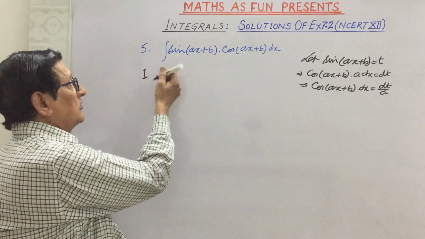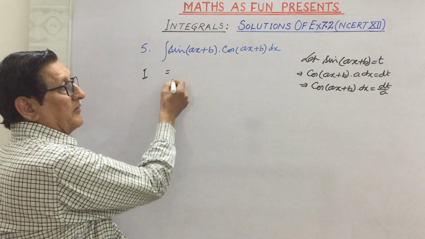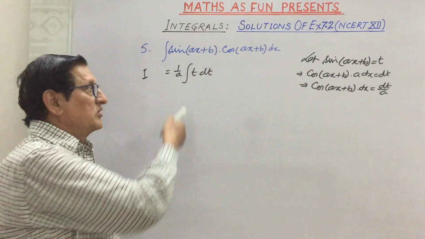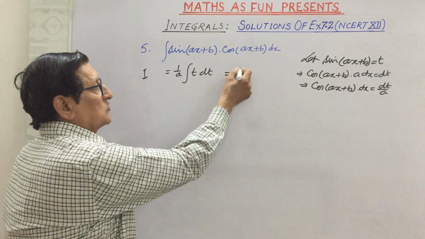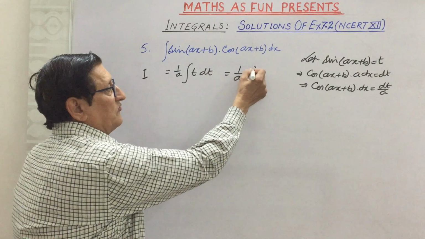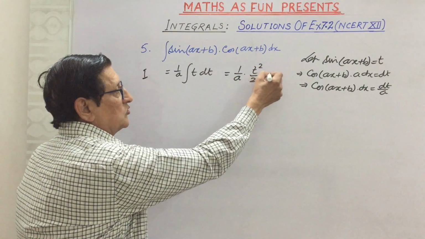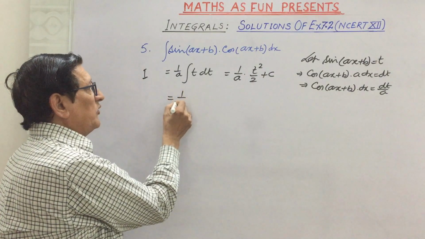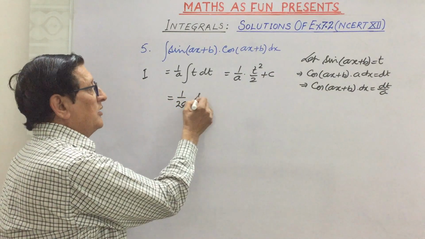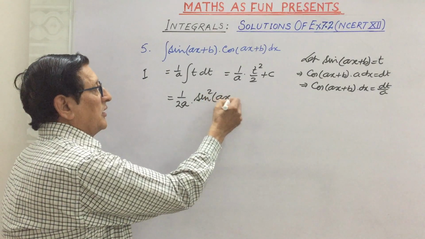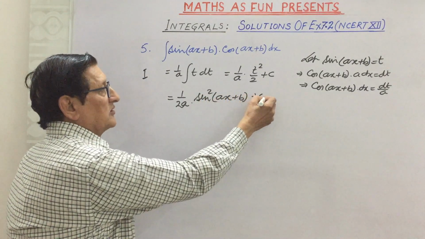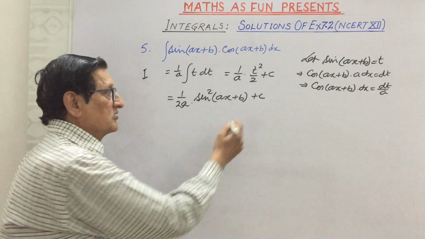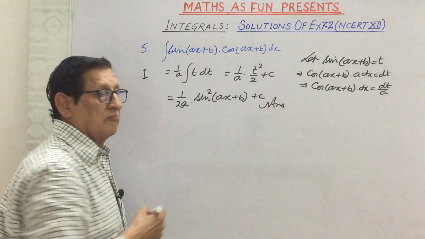It means this particular one can be written as 1 upon a t dt, and we know the integral of t is t square by 2, so this will be 1 upon a into t square by 2 plus c. Substituting the value of t, we are getting 1 upon 2a into sin square(ax + b) plus c, because t is sin(ax + b). And this is the answer to the problem.